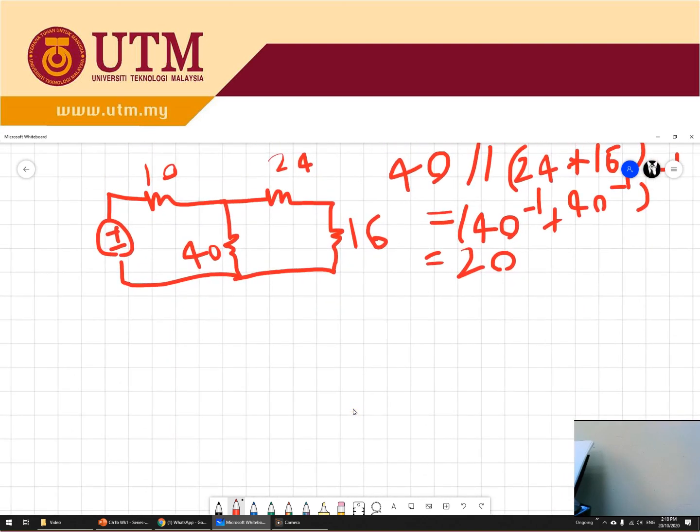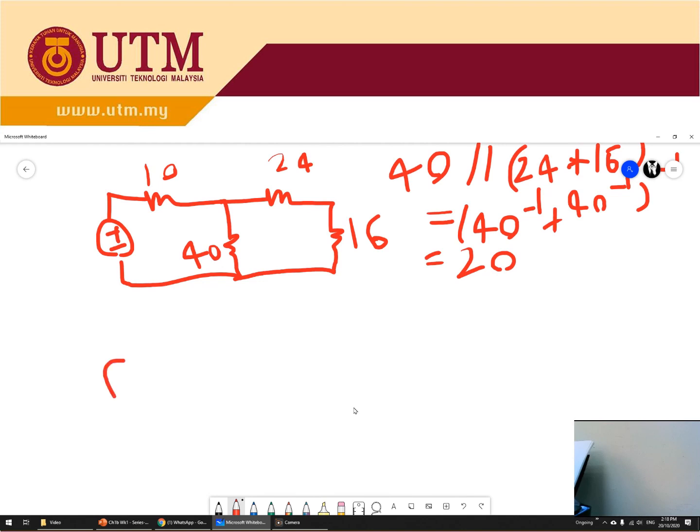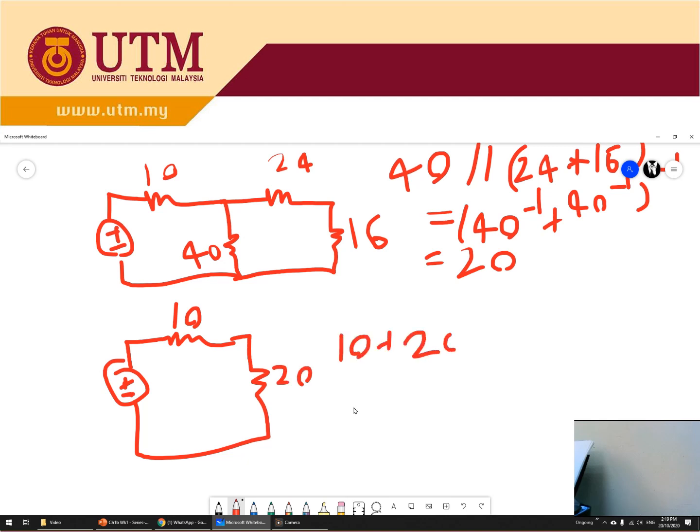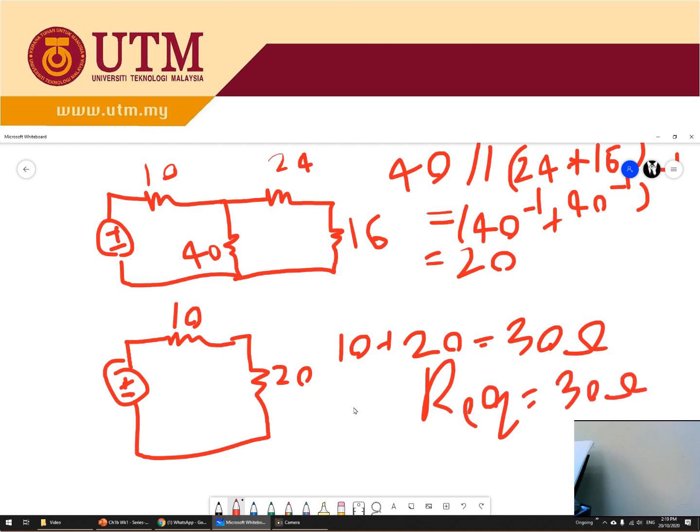So you redraw it again. This one is 10, then this one is 20. So in series, 10 plus 20 is equal to 30. So the Req is equal to 30 ohm.